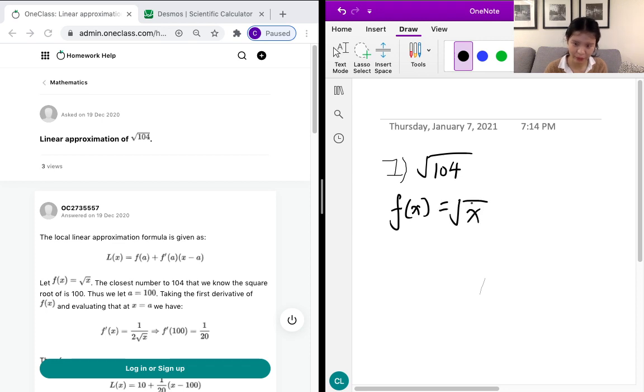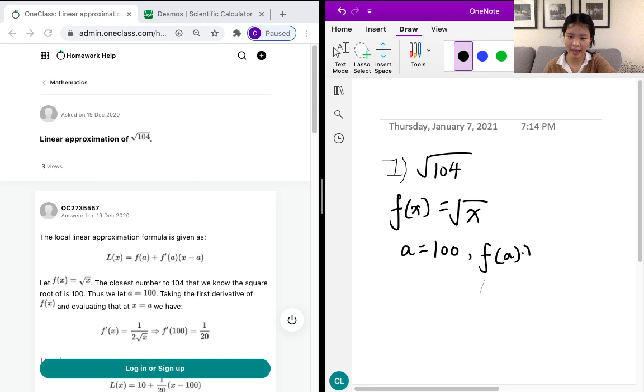Then let's find a number whose square root we know that is really close to 104. The best option is probably 100, because we know the square root of 100 is just 10. This would be a really good candidate for the linear approximation of the square root of 104 because 104 is really close to 100 and we know the square root of 100.